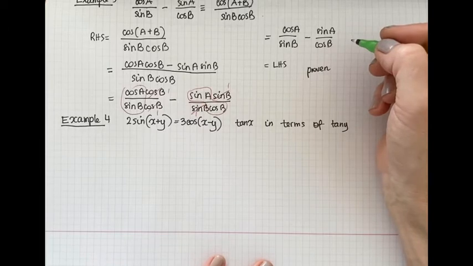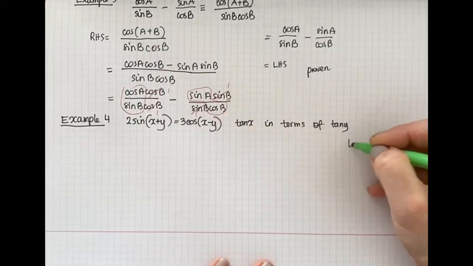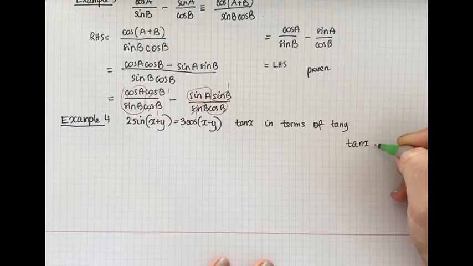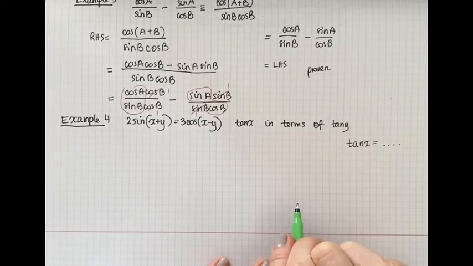Okay, let's look at the next one. It's a similar idea to a proof, but this time we are asked to express tan x in terms of tan y and not having any tans at all. Well, that's not a problem. The first thing that comes into my mind is to do the expansions, because I want to end up with tan x, and then on the right hand side I'll have an expression involving tan y.